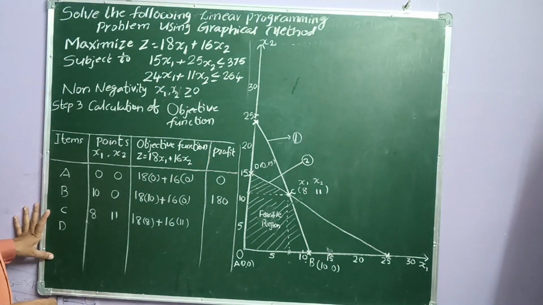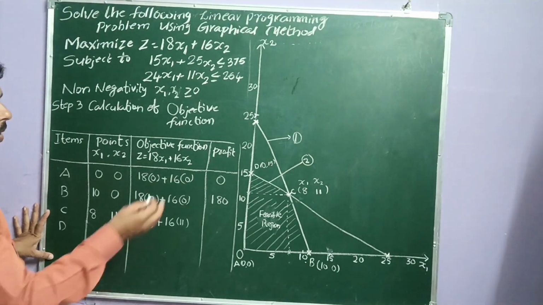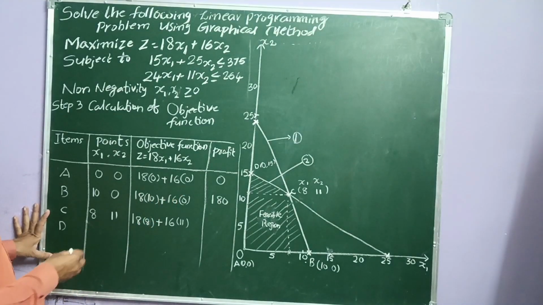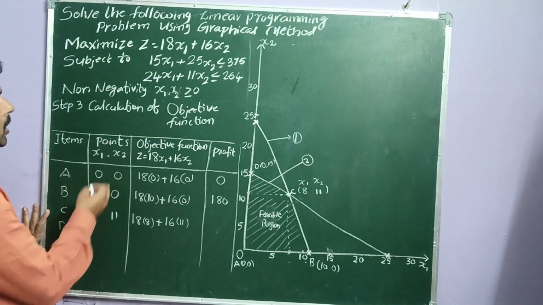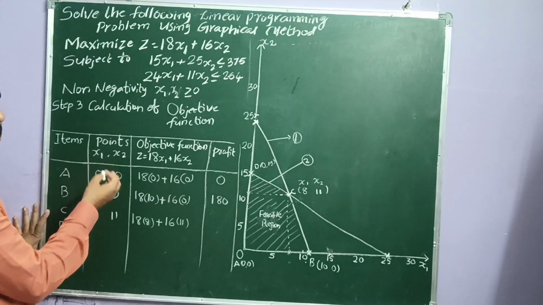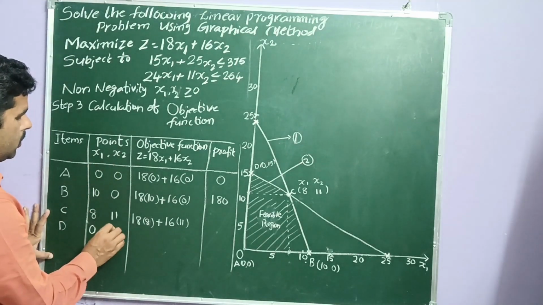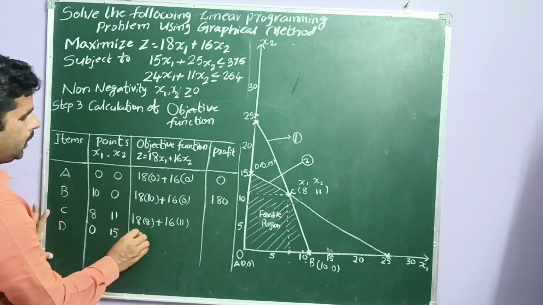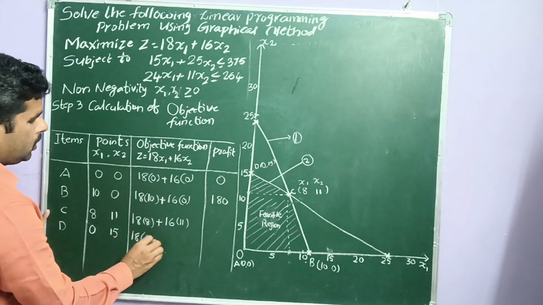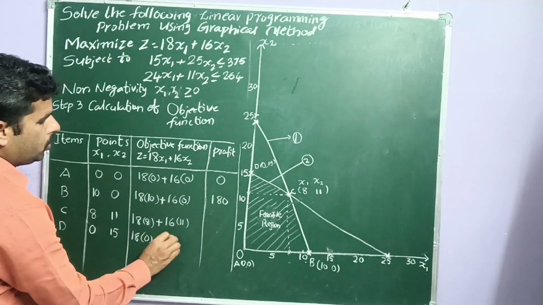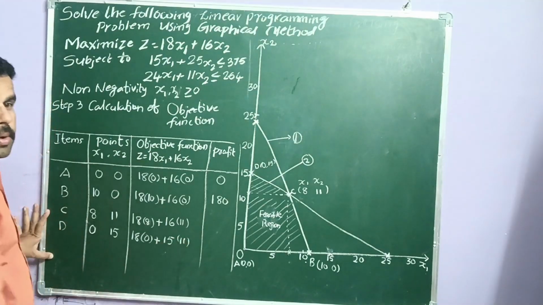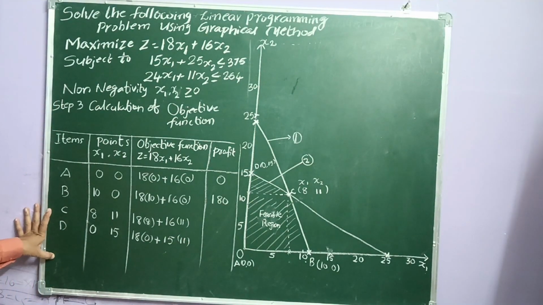I am writing the corner points only, with their x1 values and x2 values. Then I am taking the D value, that is 0, 15: 18 into 0 plus 16 into 15. What is 18 into 8? Anybody? Please write in the comment section quickly.